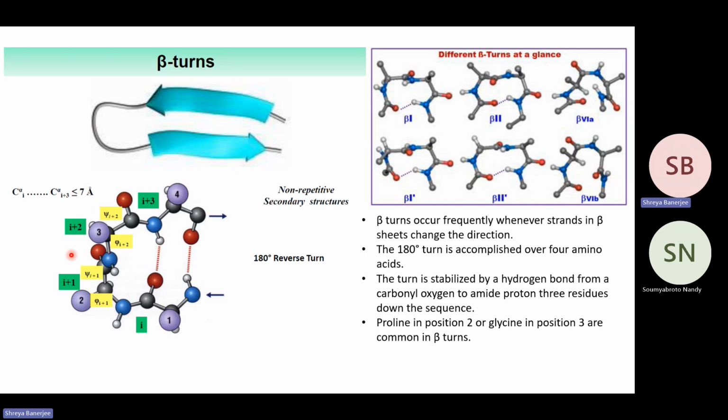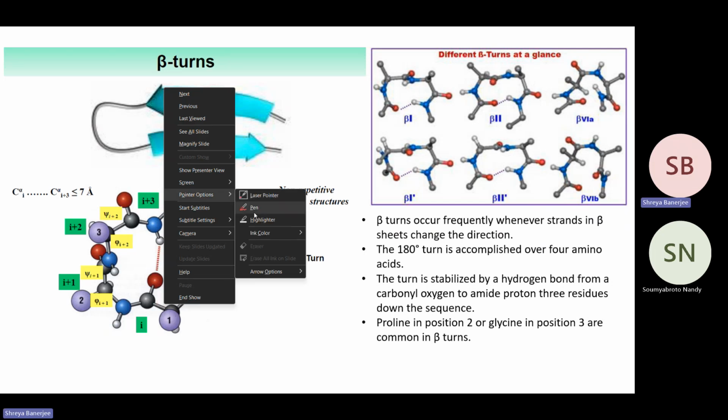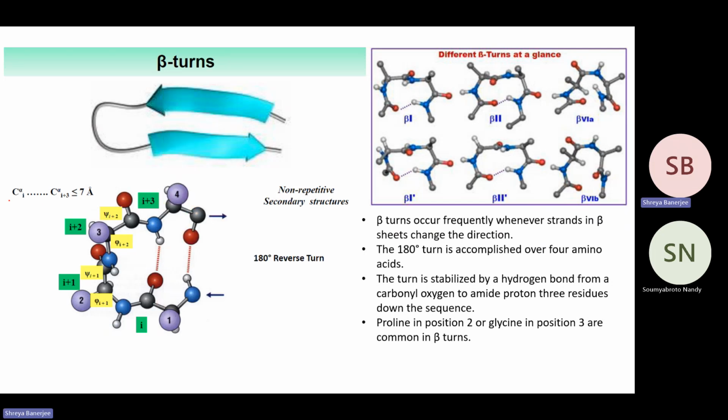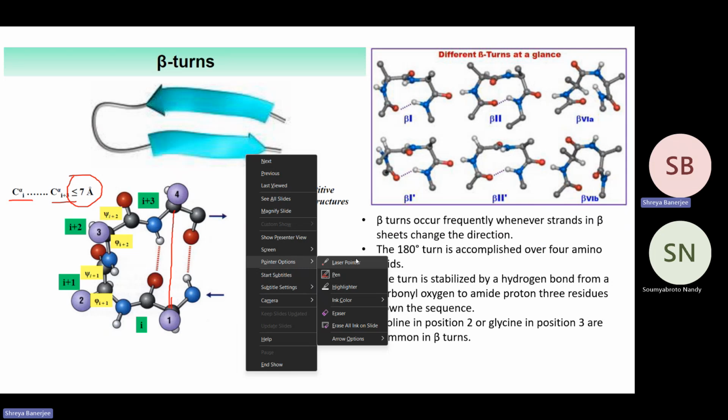So there are a total of 4 amino acids in the beta turn. And a structure is defined as a beta turn when C alpha I, which is this one, and C alpha I plus 3, which is this one, the distance is less than or equal to 7 angstrom. That is the definition of the beta turn.